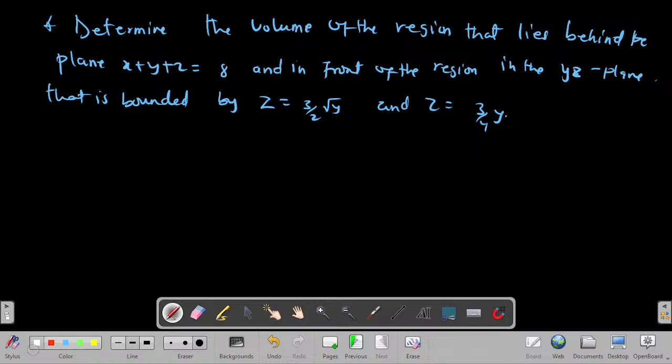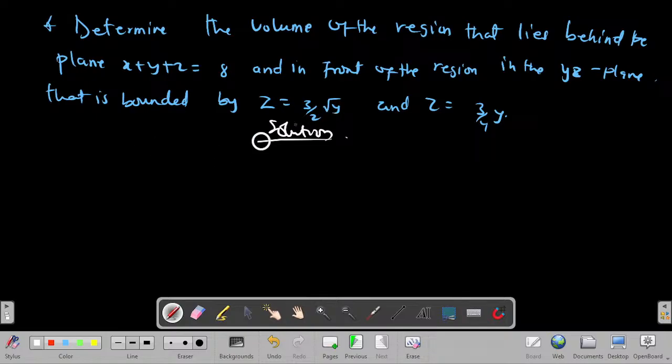How do we solve this problem? This is an application of, or a problem under, triple integrals over general region. But here you realize that we are bounded by z, right? z is equal to this and that. So whenever they give you this problem, the first thing is to sketch your boundary.